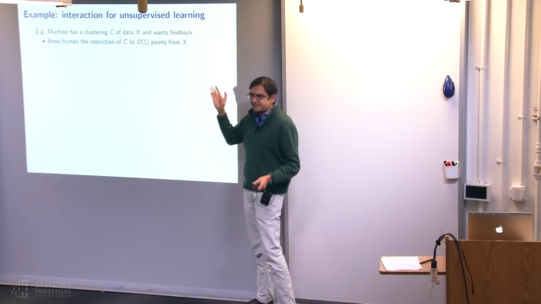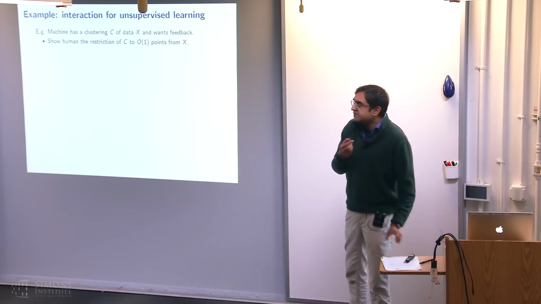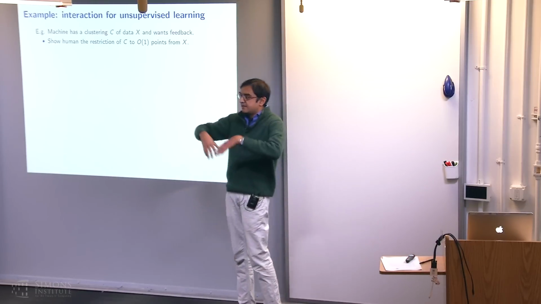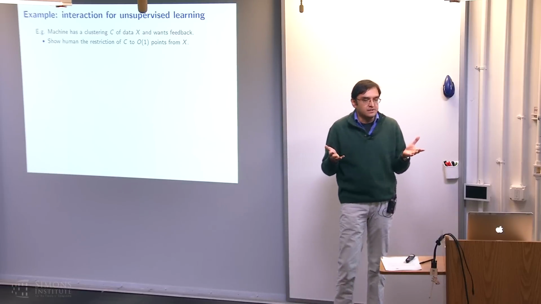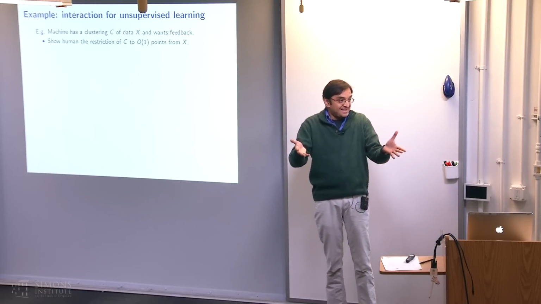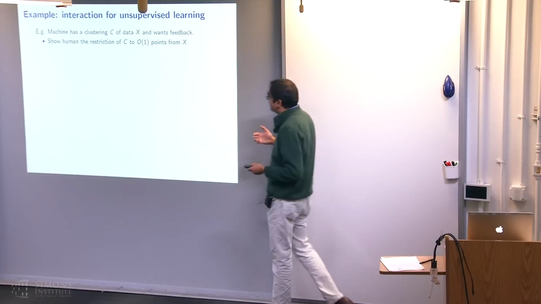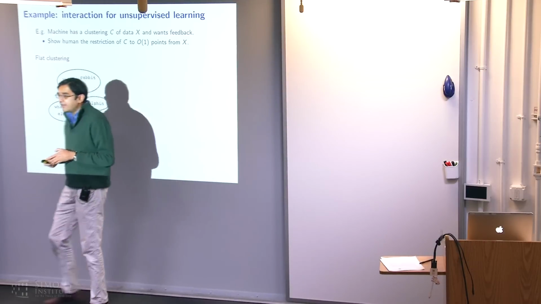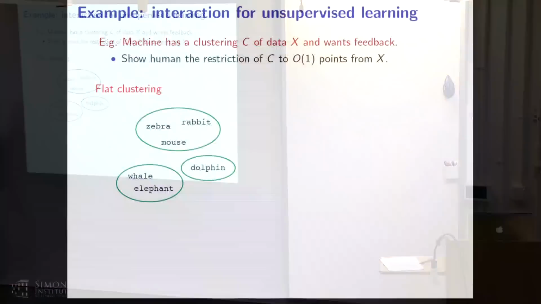So how would that take place in the matter of clustering? Well, let's say that the machine has generated some clustering of, say, 100,000 points. How could it get feedback from the user? Well, you can't show the user all 100,000 points and ask, do you like this clustering? So one example of what people have tried is to say, I can't show you my full clustering, but I'm going to show you a little random snapshot of it.